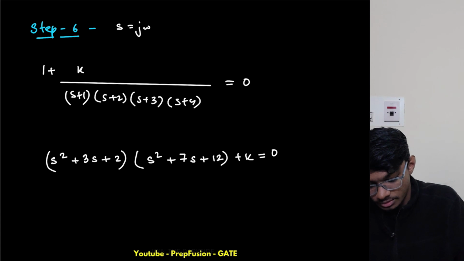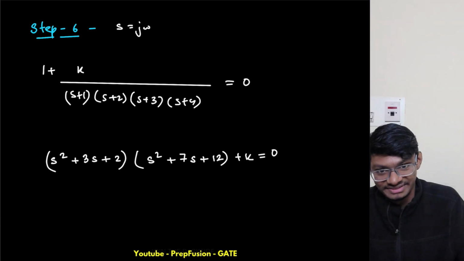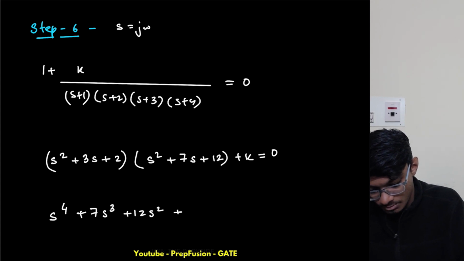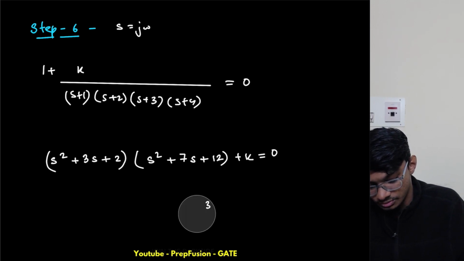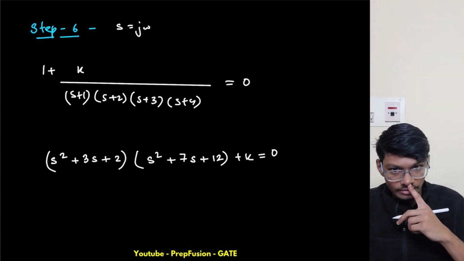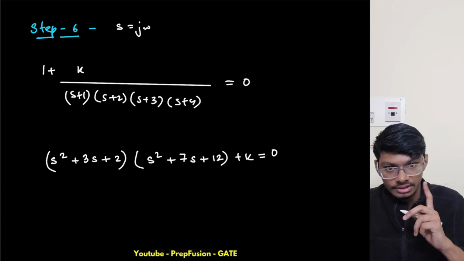So again I have to multiply, this is difficult. I will multiply s square first: s to the power 4 plus 7s cube plus 12s square, plus 3s cube. What I will suggest to you is, you can directly put s equals to j omega here. That will also make your calculations a bit easier, just by computing the real and imaginary terms.